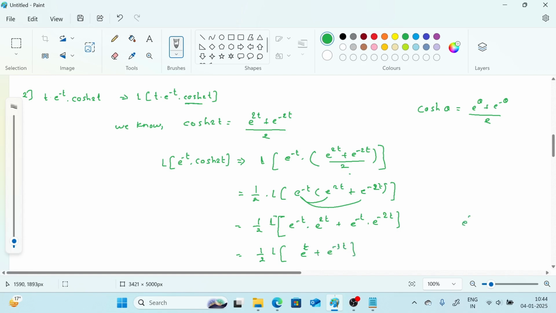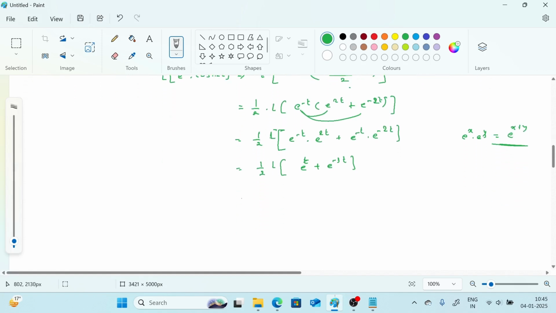What I did, e raised to x into e raised to y, then we can simply add the exponents x plus y, right? So also we have the standard formula for Laplace of e raised to at will be 1 upon s minus a. If it is a minus, then you have to change the sign only, s plus a. That's it.